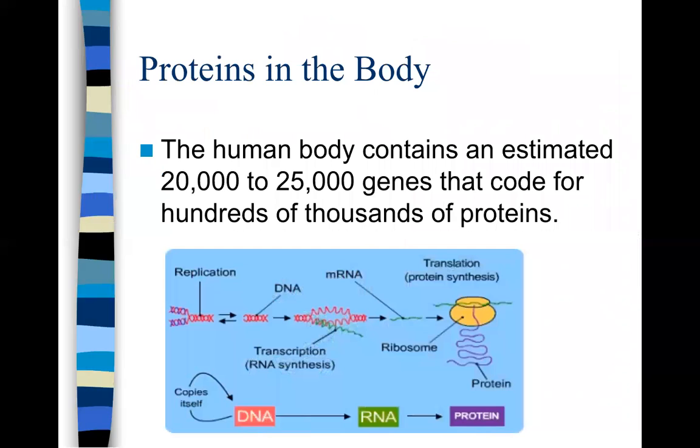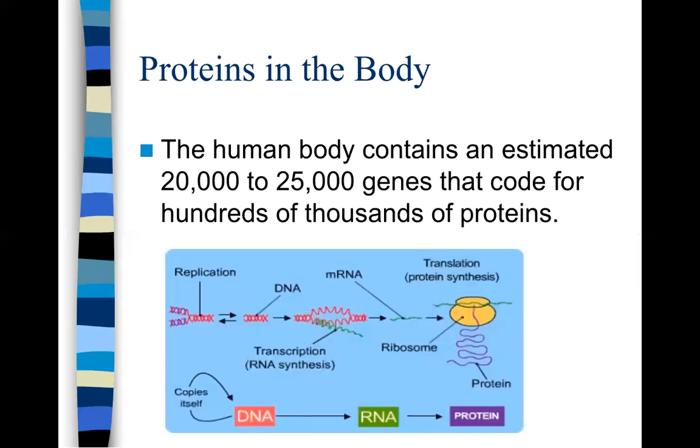Proteins in our body. So the human body contains genes, and genes are our genetic material or our blueprint that codes for thousands and thousands of proteins. So genes, or our genetic material, is DNA. DNA and RNA can code for proteins in a process called translation.